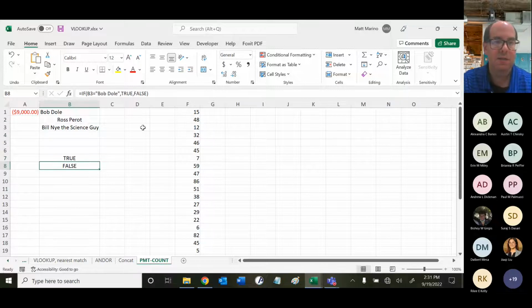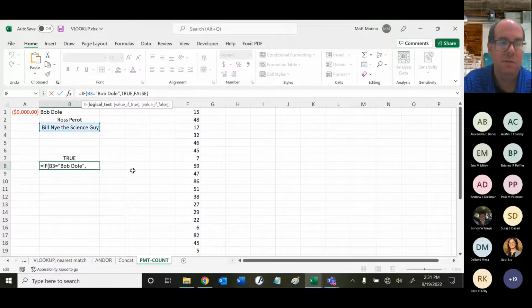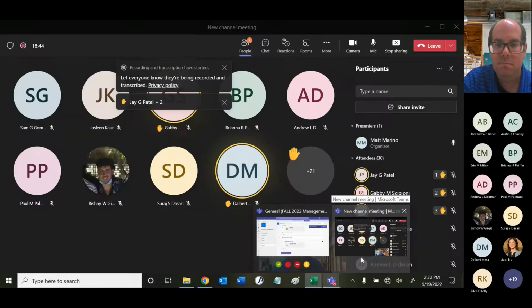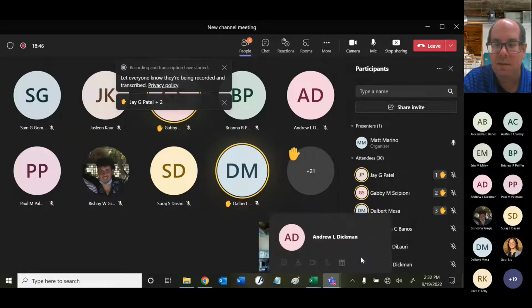And the one below it is false because we're asking if B3 equals Bob Dole. Well, Bob Dole is in B1. Bill Nye the Science Guy is in B3. So if I want to change this to make it true, what do I have to do? Gabby?